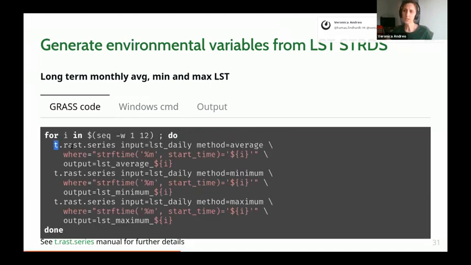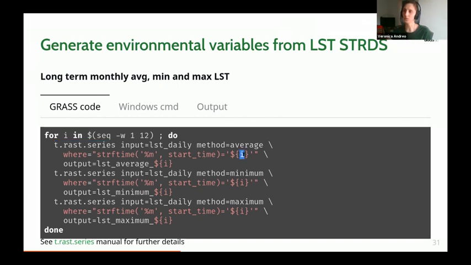And basically we use t.rast.series, which aggregates an input time series into 1 map with a method, okay? So in this case, we say, okay, we want the average of this time series, but not the whole time series. Just pick the months that start with i.